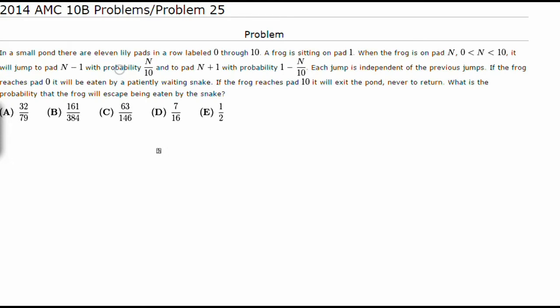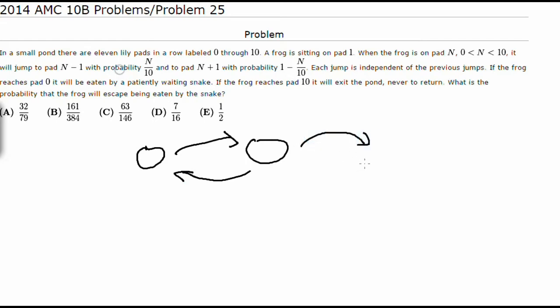You usually want to do something like this, probability going in this position, probability going in this position, and then you do some math like this. It's good to visualize the problem like this.